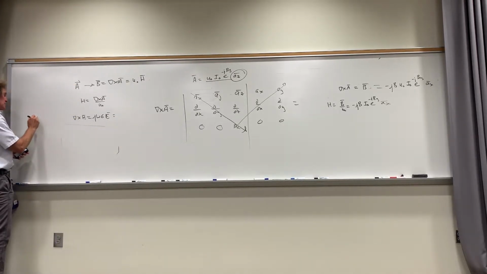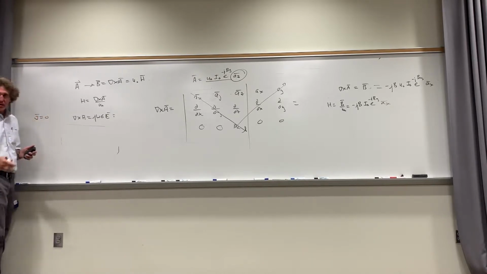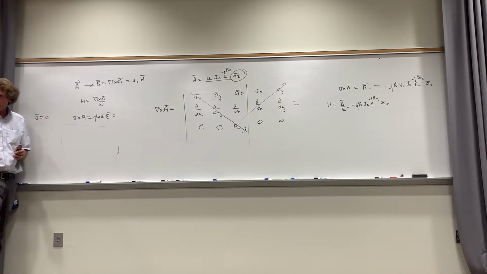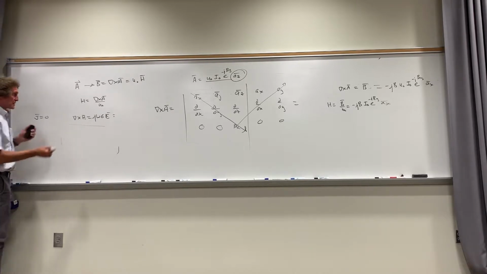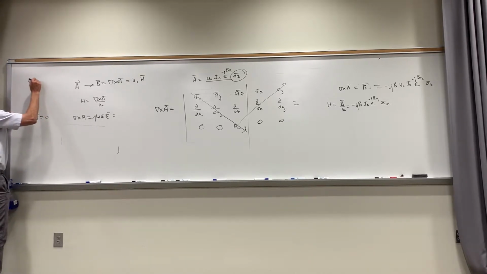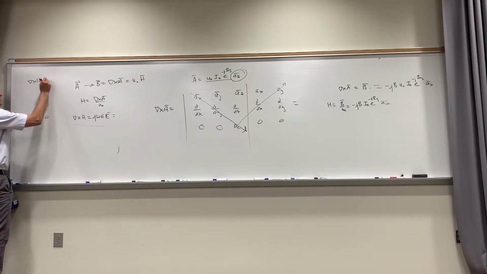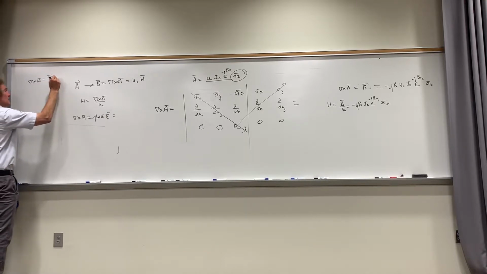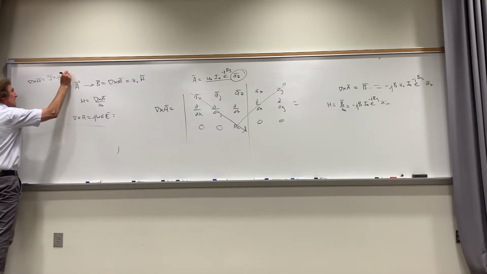That is assuming that J is equal to 0. I'm in an area where there's no current, no force current. Understand, everyone? Because curl of H, this is Maxwell, this is Ampere's law. Curl of H is equal to J plus J omega epsilon times E, right?